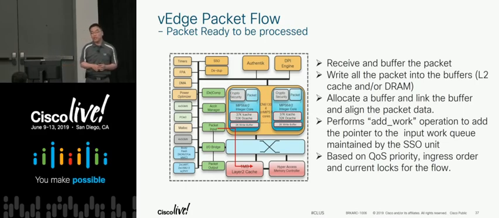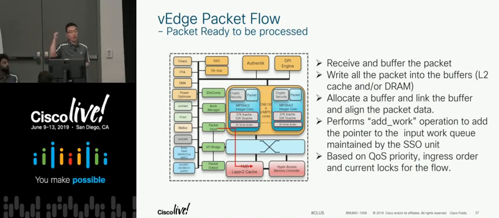That's the synchronization and scheduling ordering unit, which maintains the workflow to the cores and also maintains the ingress packet order. The scheduling is going to be based on your packet priorities, the ingress order, and the current flow locks.